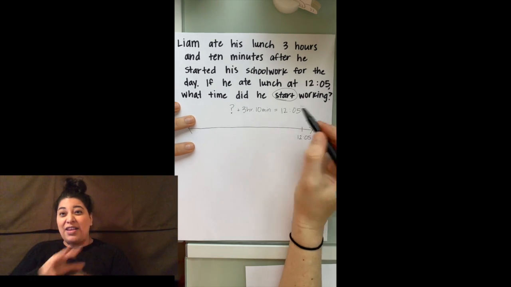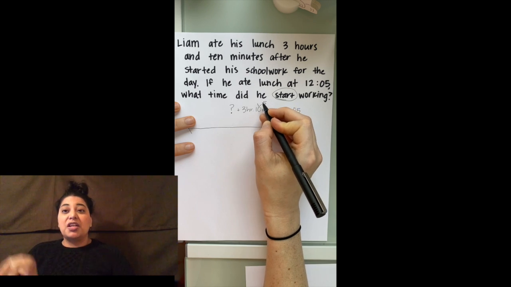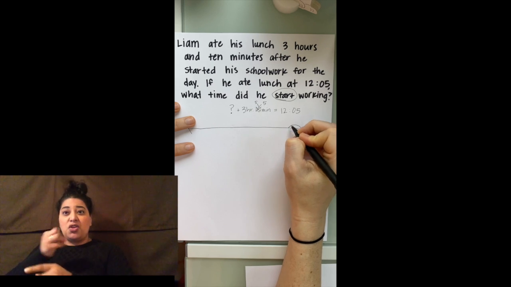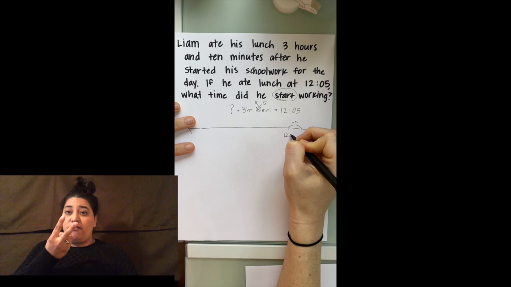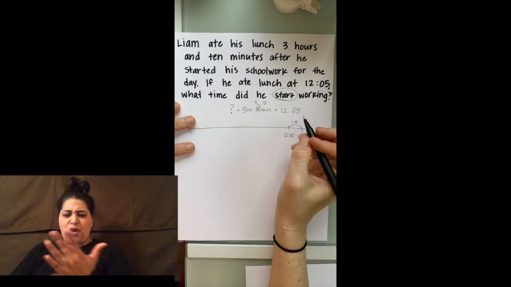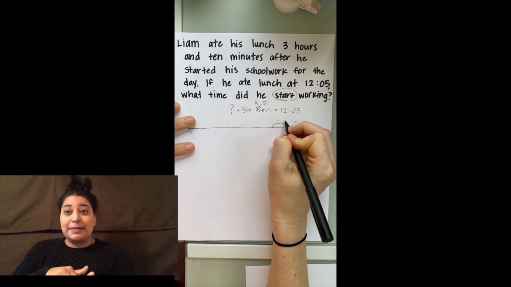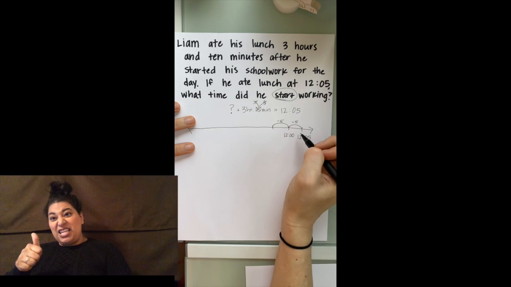So 5 and 10 are pretty friendly. So I'm going to decompose the 10 into 2 5s and take away 5 minutes. And that will put me at 12 o'clock. Okay, then I'm going to subtract 5 more minutes. And that will be all 10 minutes I will have subtracted.